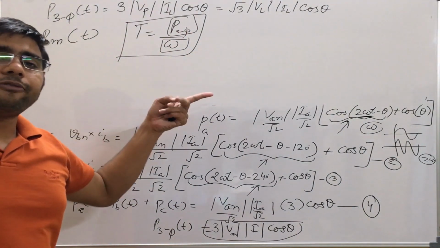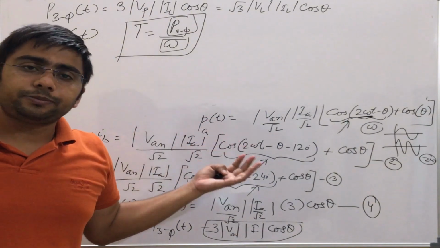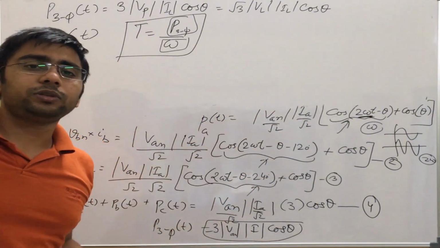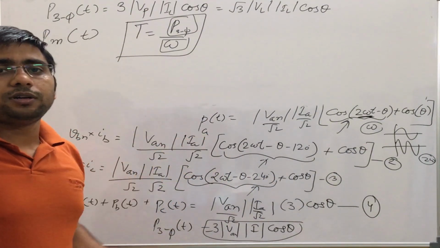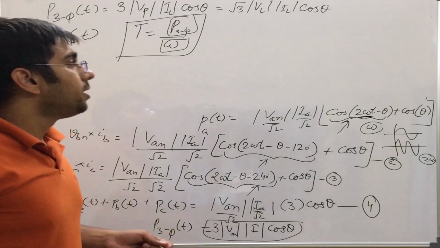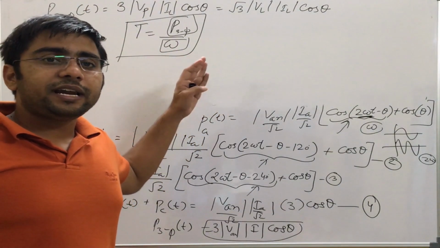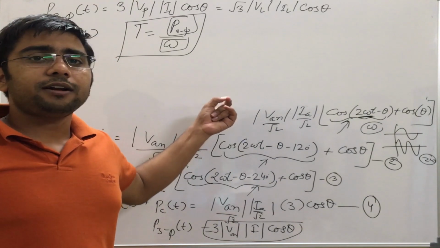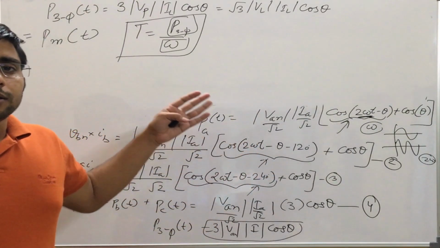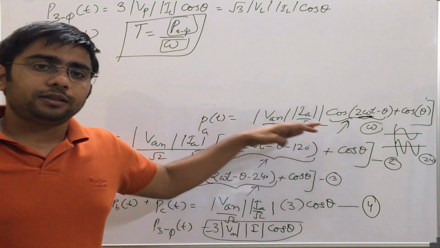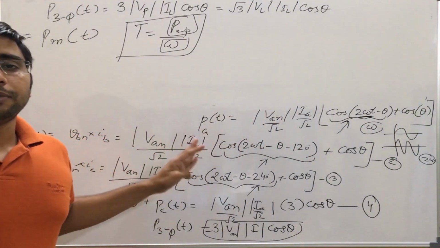There will be no mechanical vibration because of it. And since the mechanical vibrations are absent in 3-phase as compared to the single phase, where there are going to be some vibrations due to the pulsating nature of the power, we will see the 3-phase machines are mechanically more stable and make less noise. Why? Because of the pulsating torque, the single phase machines will make more noise as compared to 3-phase machines.